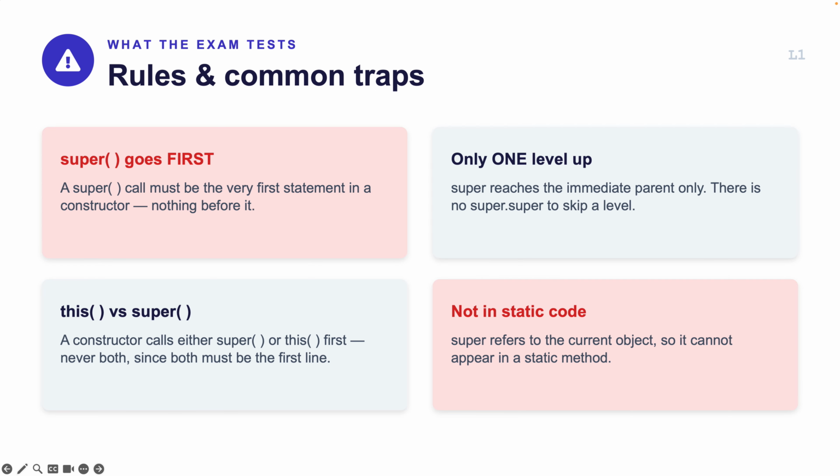Four, super dot method can appear anywhere in the method body and runs the parent's overridden version. The classic trap on the exam is code that puts a statement before super in a constructor, or a parent class missing a default constructor. When you see super on the test, immediately check those two things. Get these four rules down and you'll handle every super question with confidence.